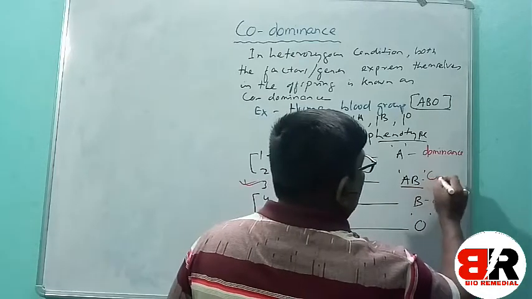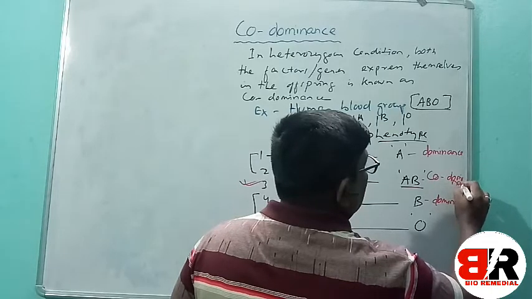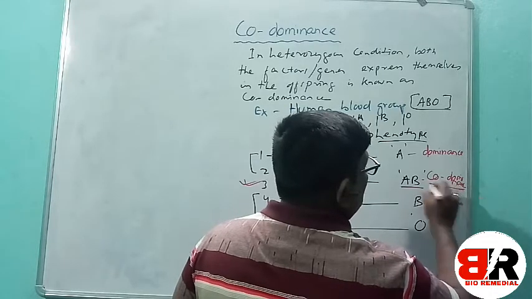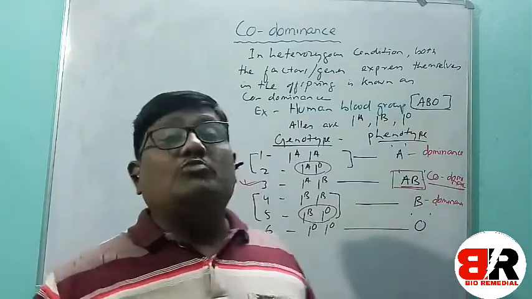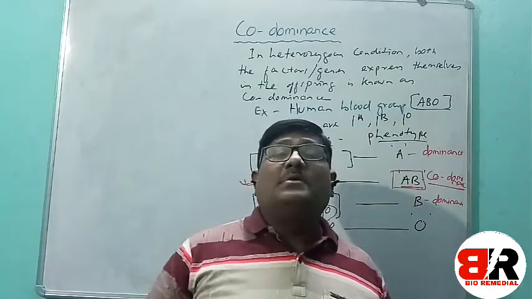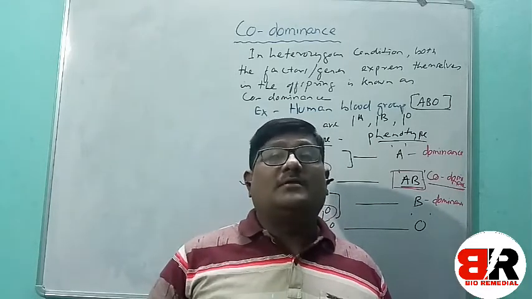That is why it is called codominance. So the human blood group AB is a sign, an expression of codominance.